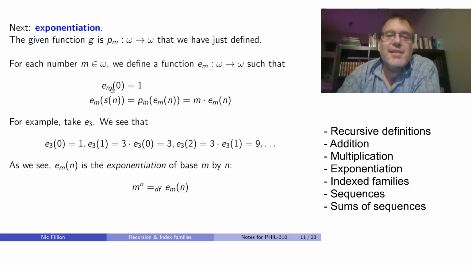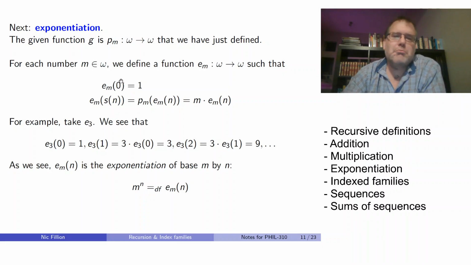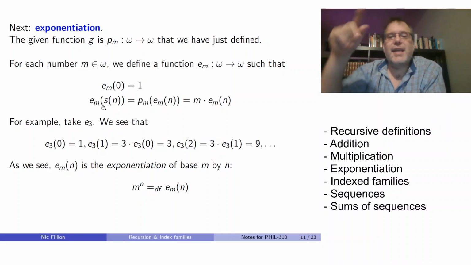So E sub m of 0 is intuitively thought to be m to the power 0. Right? So that's 1. And then m to the power n plus 1, m to the power successor n, should be just the product of m times m to the n.